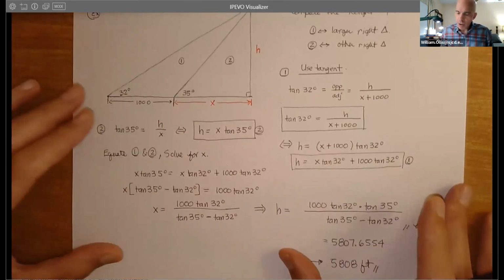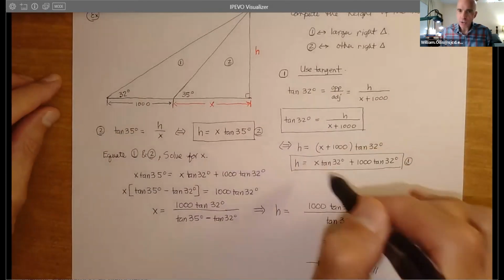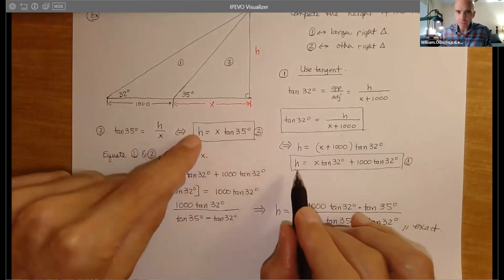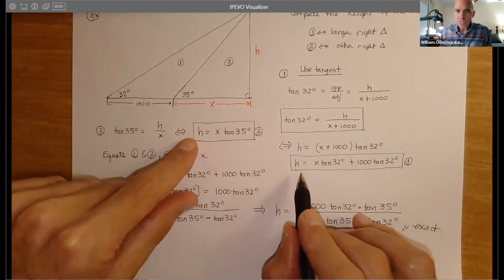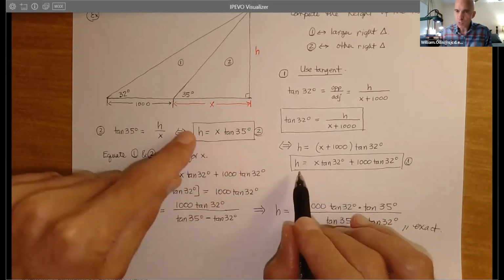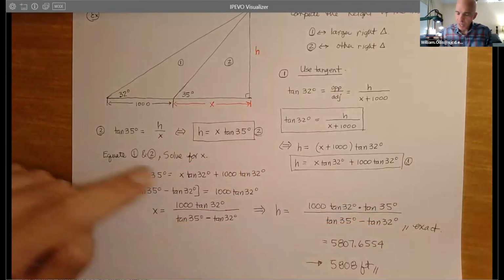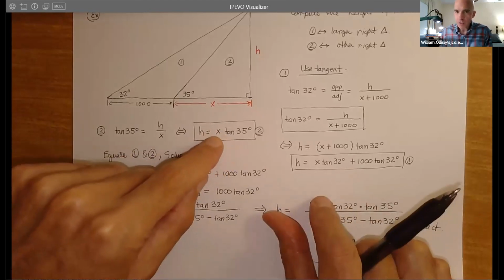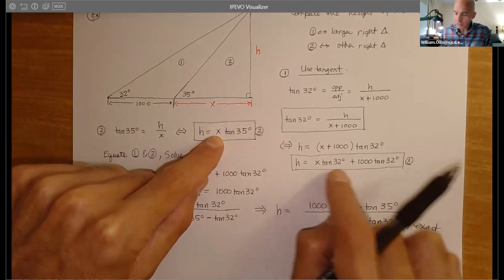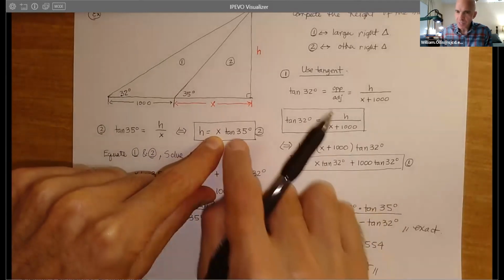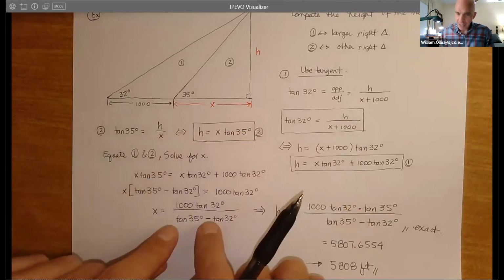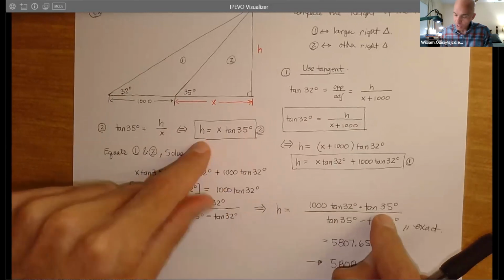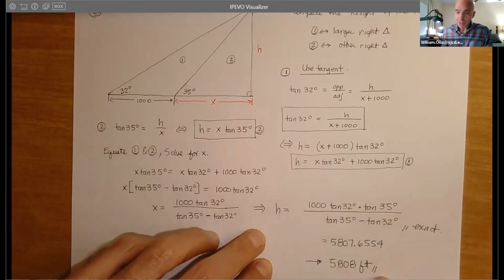Because we do a lot of this in calculus, where we have different expressions representing the same variable. So we equate the expressions. That way we can solve for X, and then we have a very simple equation. Of course, I could have used this one, but that's too complicated. This one's easy. And so I get my exact expression for X and then multiply by tangent of 35 to get H. Here's exact, and then here's my approximation.